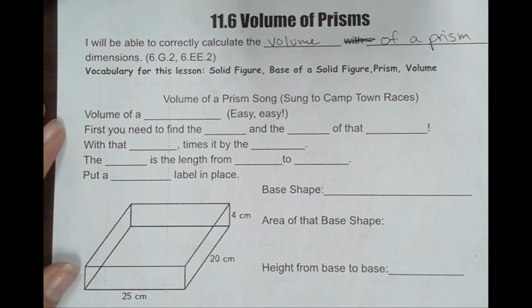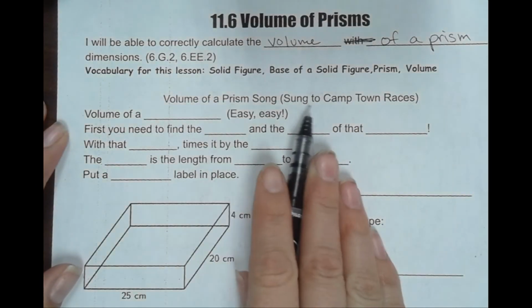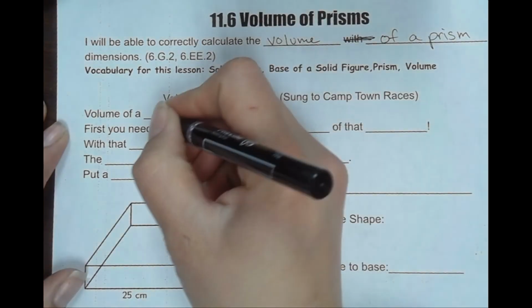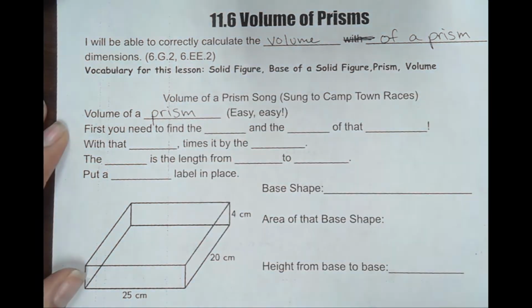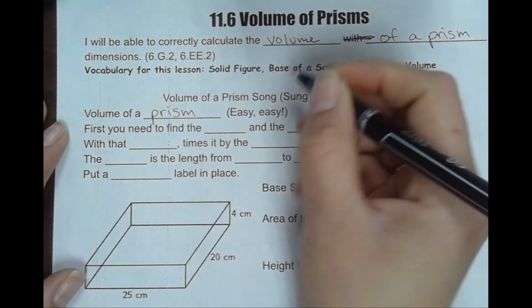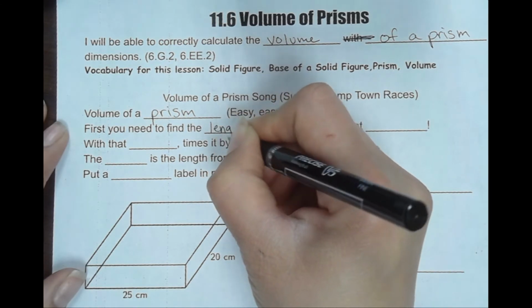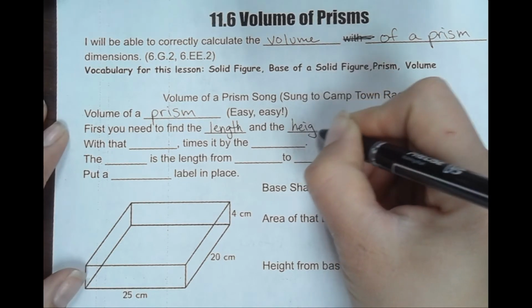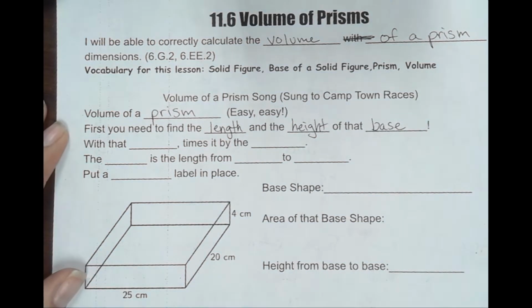So we learned this song with the last one, but let's do it again. The volume of a prism, this is sung to Camptown Races. So we're going to fill in volume of a prism. Easy, easy. First you'll need to find the length and the height of that base. So you've got to find the base shape.